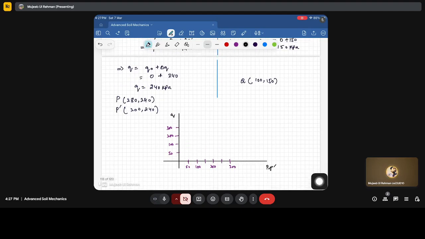If we let the initial state be here, let's call it O. So if we talk about the total stress path for P, it will be at 280 and 240. So 280 lies somewhere here, and 240 is here. So let's assume this is the point.